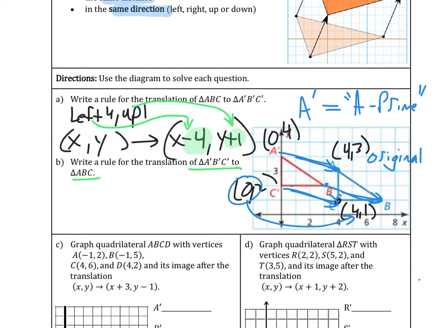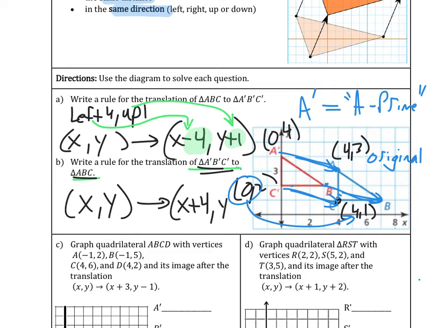And this one's going to become 4. So it's actually getting larger. So now if we're going from x prime, y prime, or A prime, B prime, C prime to ABC, we're going to be doing the opposite. We're going to add. Now in most cases, we'll be going towards the primes, that's the new one, but it's useful to think about the other way around here.